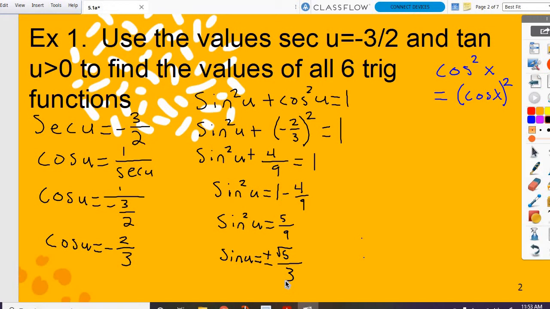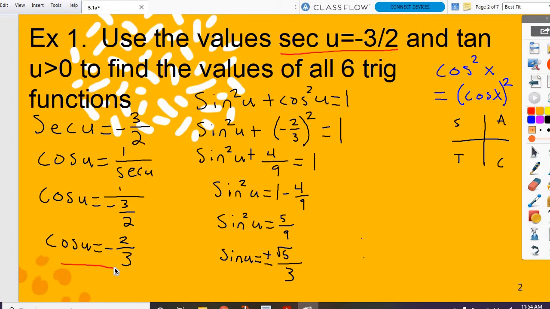And that's going to help us narrow down what quadrant we're in. So if secant is negative, remember that also means that my cosine is going to be negative. So that's what's over here.